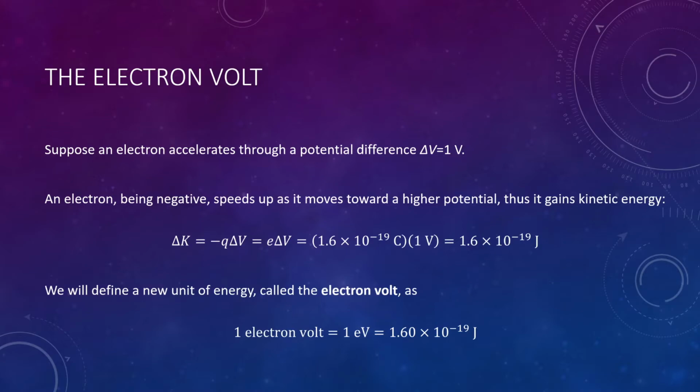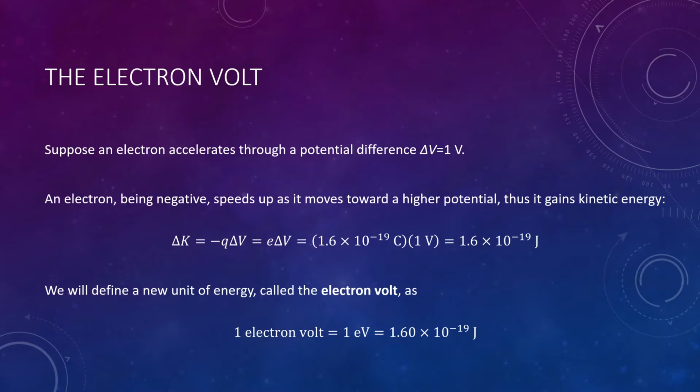We won't always use that unit, but just in case you have to, if a problem asks for an electron volt specifically, or if you're given a number in electron volts, you now know how to convert between the two. Keep in mind, though, we do typically need to use joules in our equations because anything we deal with in our equations uses joules. So let's take a look at an example where we have to deal with this conversion.